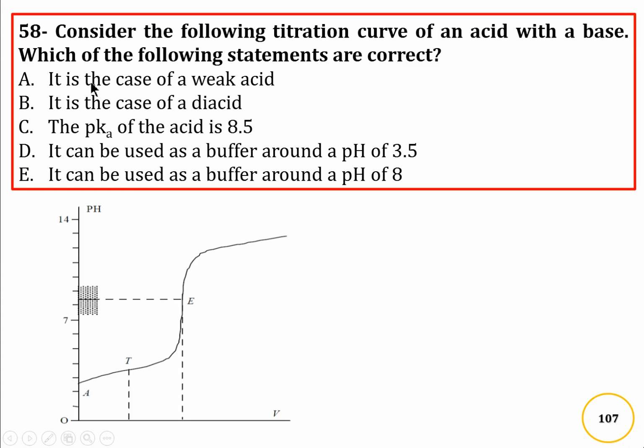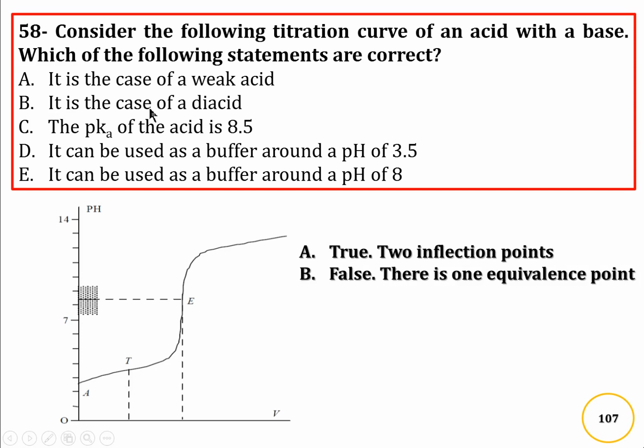A, it's the case of a weak acid. This is true since we have two inflection points, one at V added equals 0, and another jump or inflection point at the equivalence point. So A is correct.